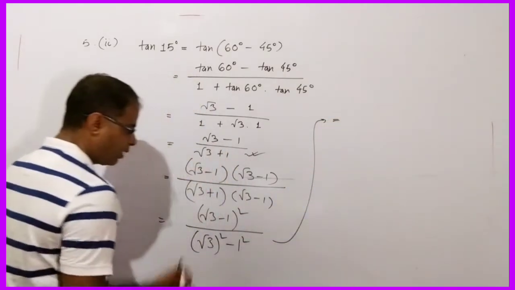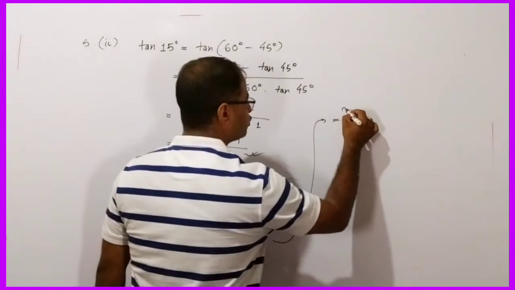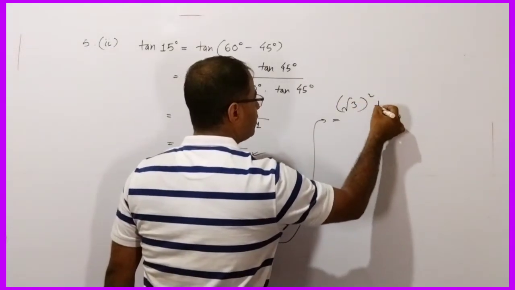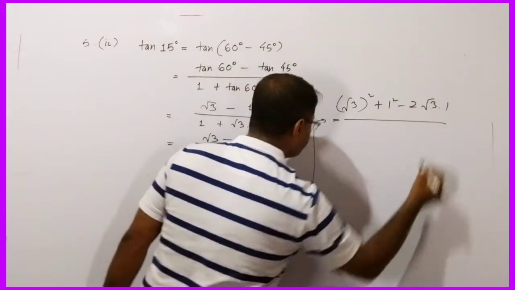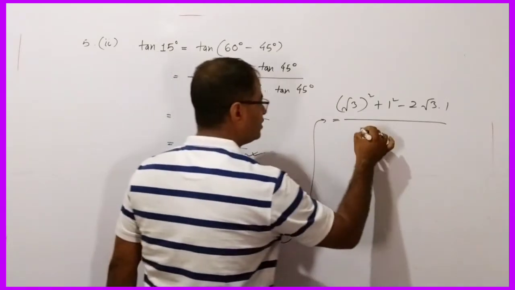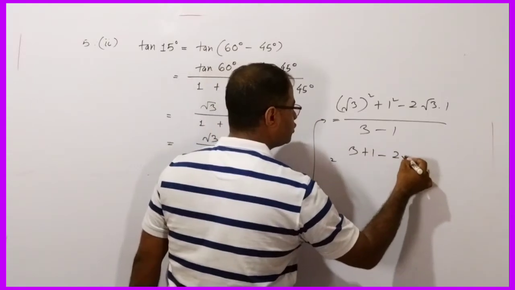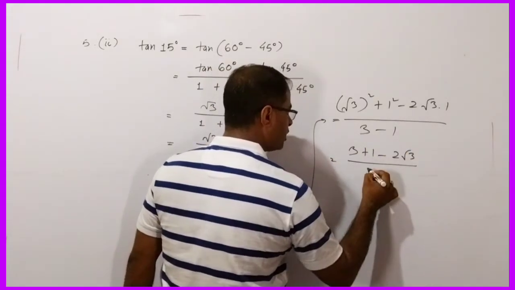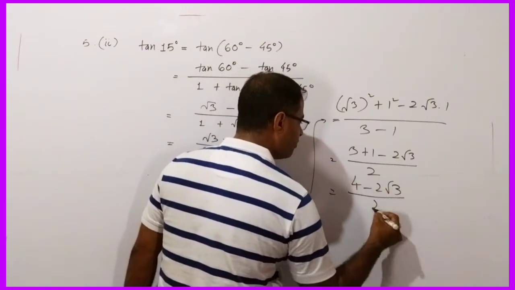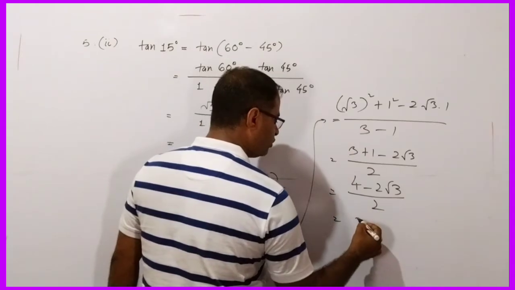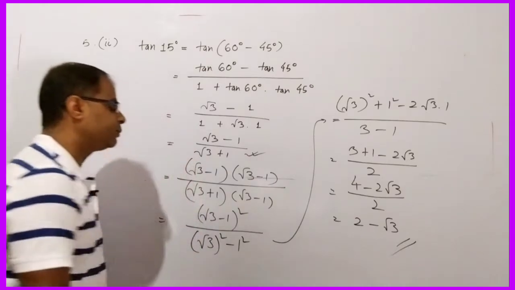Again, root 3 minus 1 whole square, apply a minus b whole square, that means a square, root 3 whole square, plus b square, 1 square, minus 2ab, divided by root 3 whole square minus 1, which is 3 plus 1 minus 2 root 3. 3 minus 1 is 2. 3 plus 1 is 4. So 4 minus 2 root 3 by 2. Again, 4 divided by 2 is 2, minus 2 root 3 by 2 is root 3, which is another result.